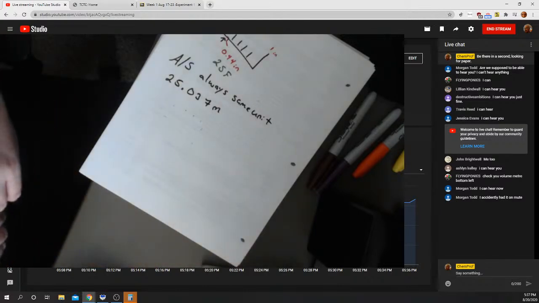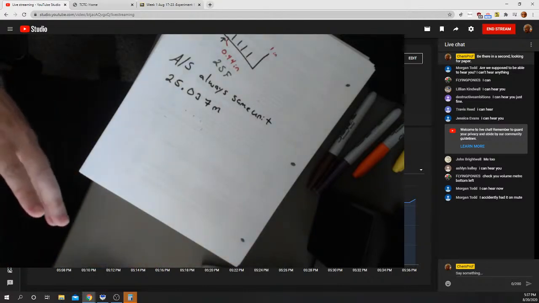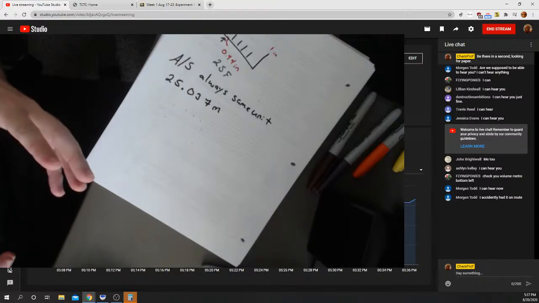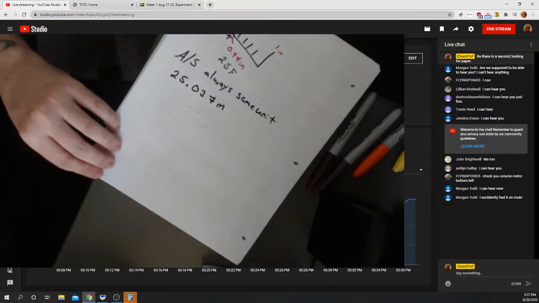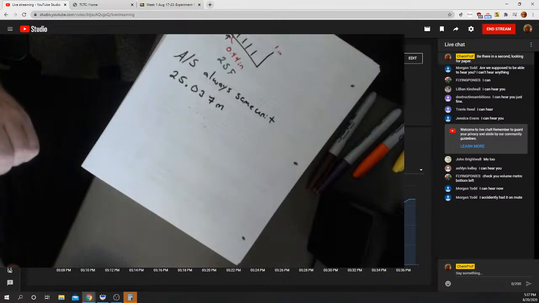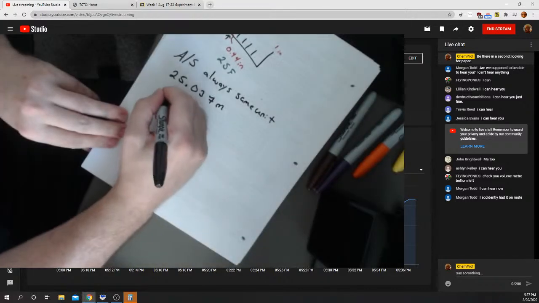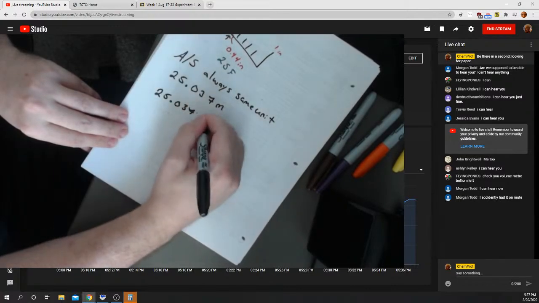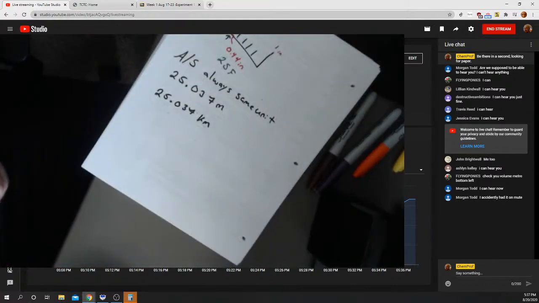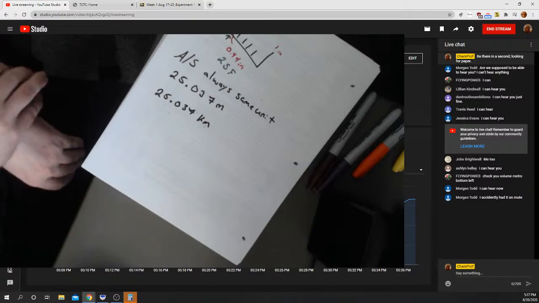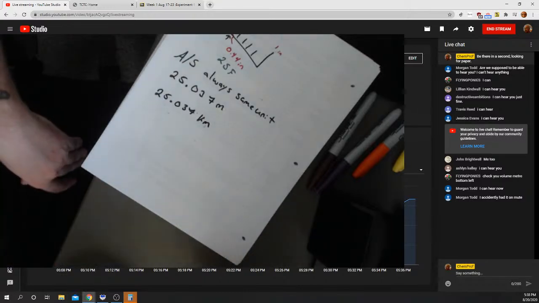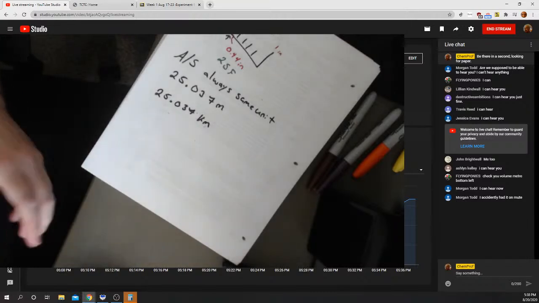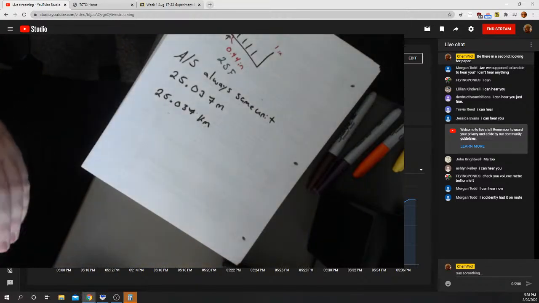And then I measure the distance from the end of my driveway to the school using the odometer on my car, and I find out that that is, let's go with 25.037 kilometers. It's a really awesome odometer. Kind of ridiculous.